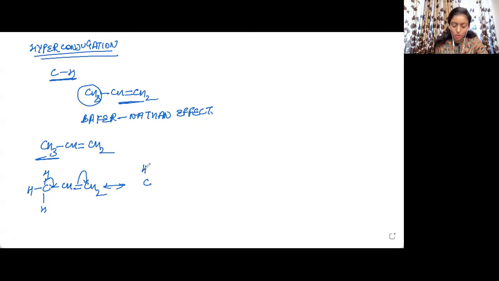Because this hydrogen is deprived of its electron, it will get a positive charge. These two hydrogens are as such. Here it is a double bond, and because the pi electron has shifted towards this side, this carbon will get a negative charge. It will be having two extra electrons with it. Now, if this hydrogen can go into hyperconjugation, this hydrogen and this hydrogen can also go into hyperconjugation.